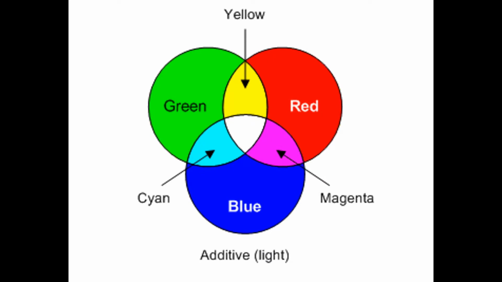If only red and blue are active, they mix and form magenta. Remember the magenta bird from our last lecture? If only red and green are active, they mix and form yellow.